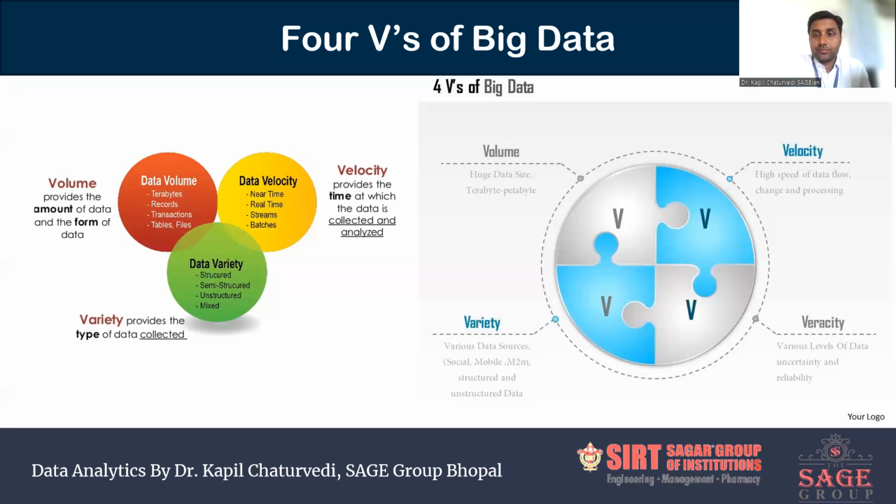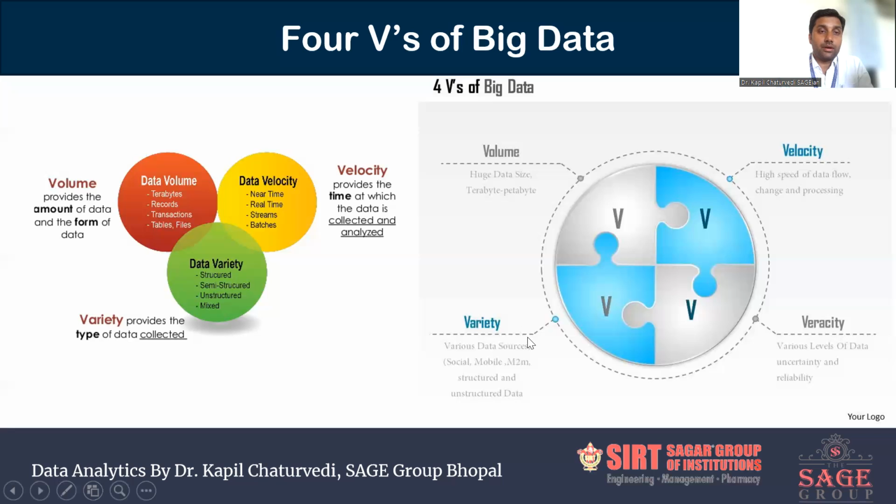The fourth V, veracity, basically says the various levels of data uncertainty and reliability. Directly we can say how reliable the data is. We cannot use data which is unreliable, because we are going to discover knowledge to take important decisions on the basis of this knowledge.